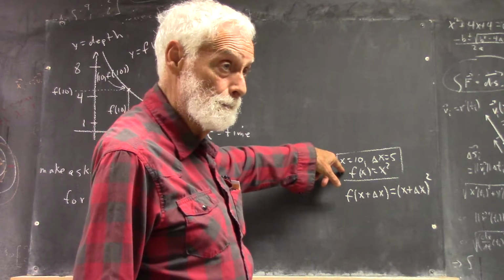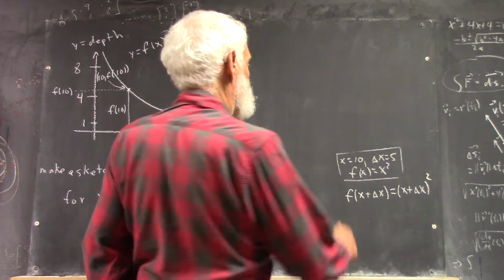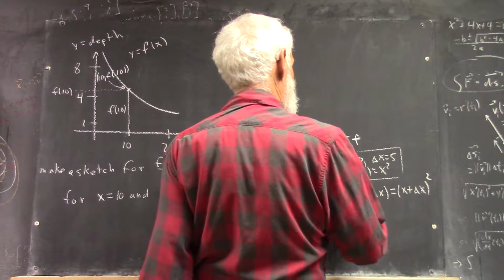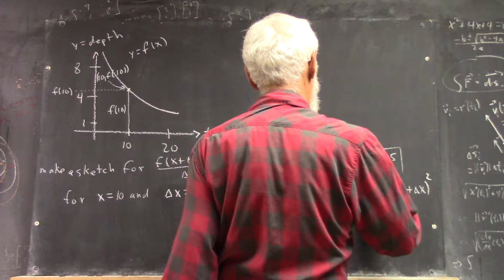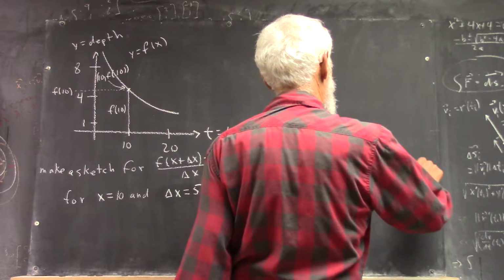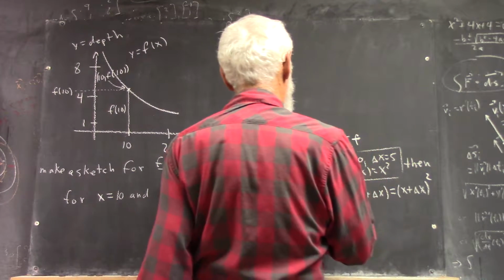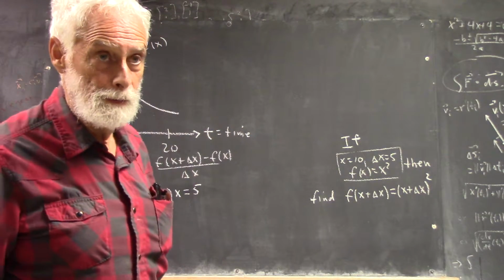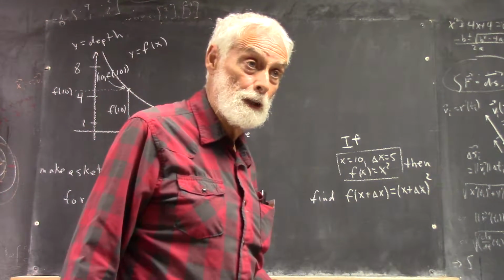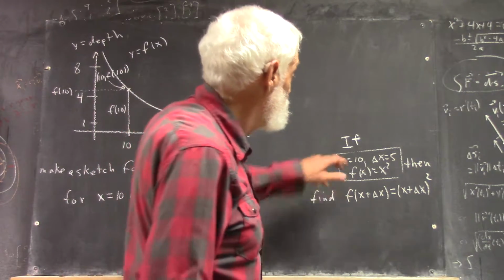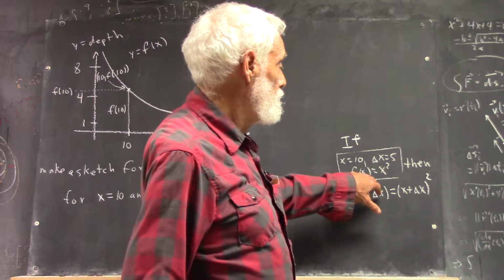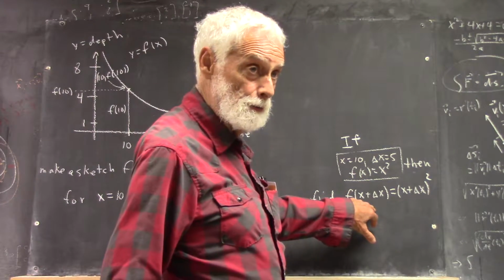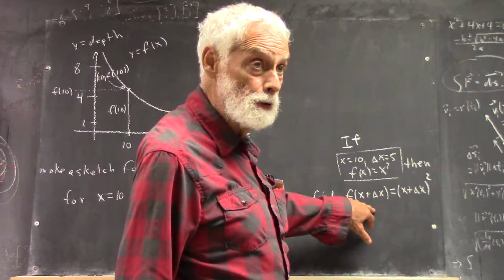Okay? So I can say, let's make a complete statement out of it so it's less ambiguous, okay? So if x is 10, delta x is 5, f of x equals x squared, then find f of x plus delta x. So there are a number of things you could do.